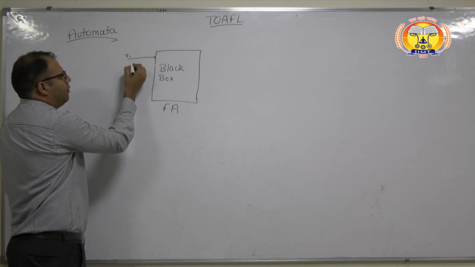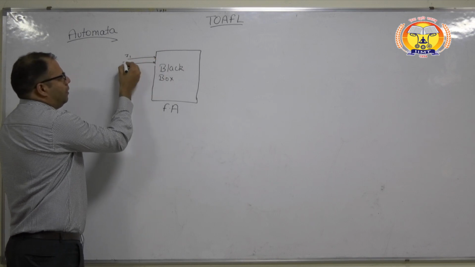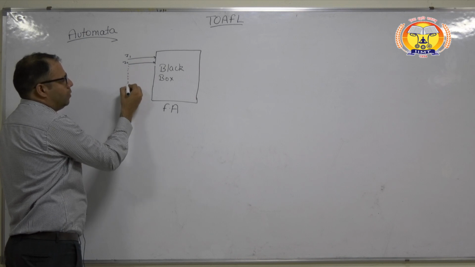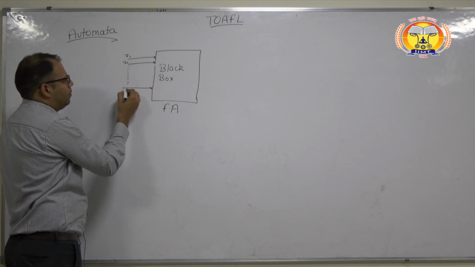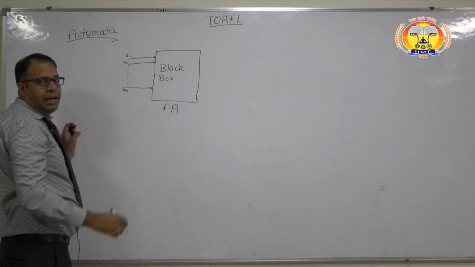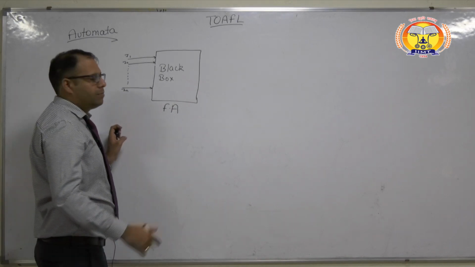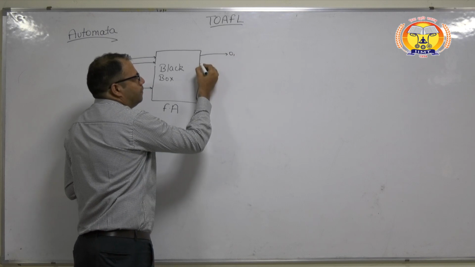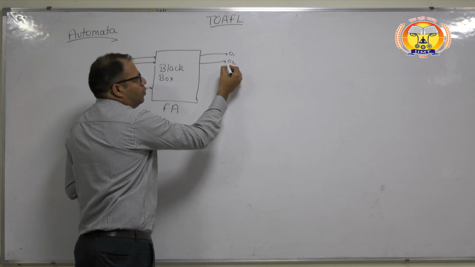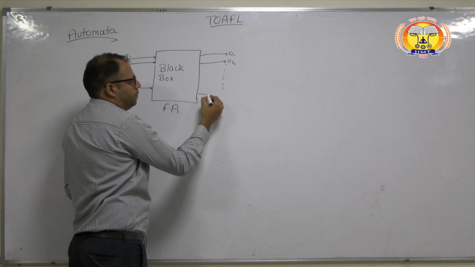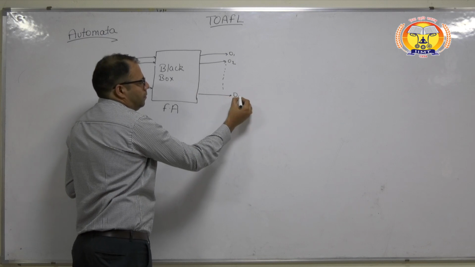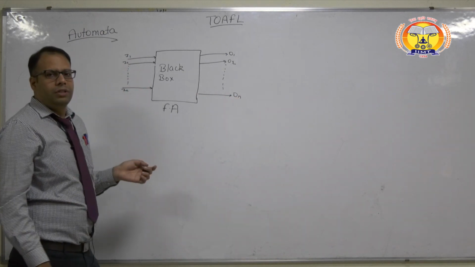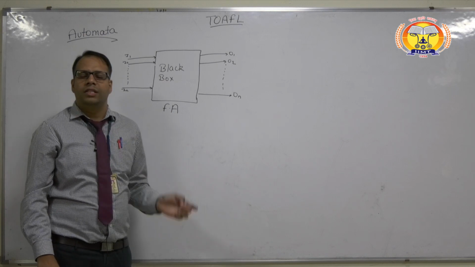These are the inputs I1, I2 and so on up to n times, and it produces a set of sequence as an output, O1, O2 and up to On. Now this automata is also known as finite automata.